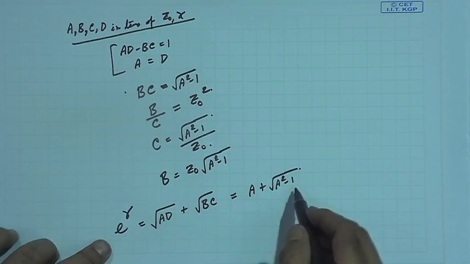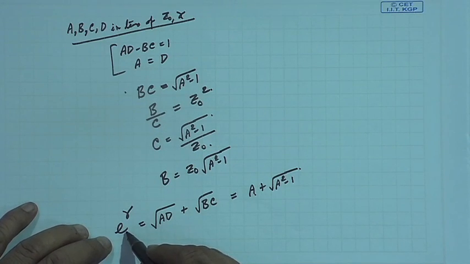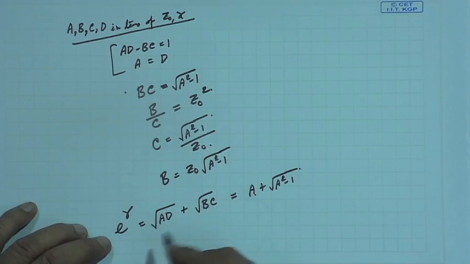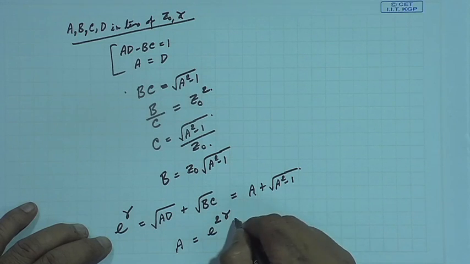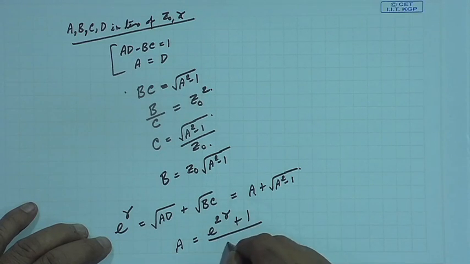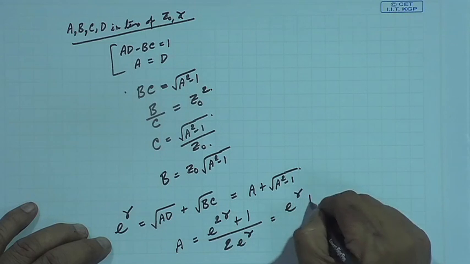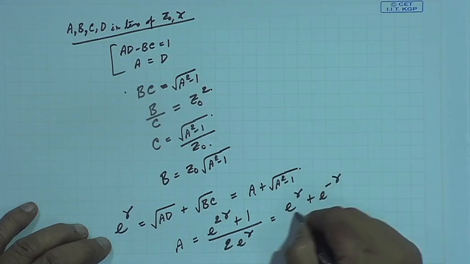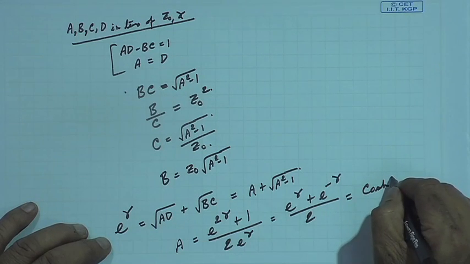So, this equation I can solve. A will be expressed in terms of e to the power gamma or gamma. By doing that, I can see that A becomes e to the power 2 gamma plus 1 by 2 e to the power gamma, that is nothing but e to the power gamma plus e to the power minus gamma by 2, which is nothing but cos hyperbolic gamma.